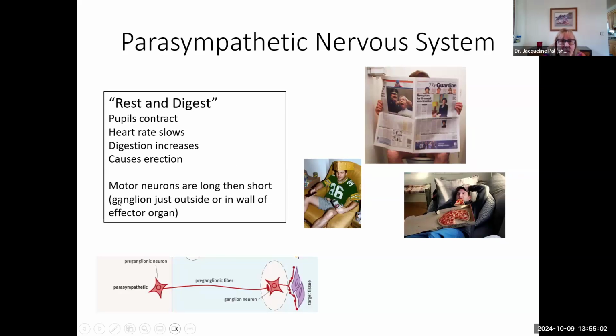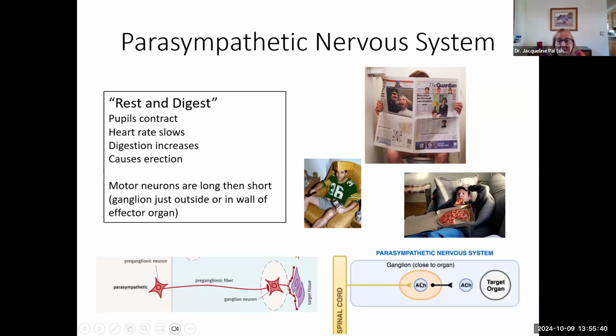And when we look at the parasympathetic nervous system, we say it is long, then short. The cell body for the preganglionic neuron is in the spinal cord, and then its axon travels all the way to the effector organ, because the ganglion is either just outside the effector organ or is actually in the wall of the effector organ, so that the postganglionic neuron axon is very short.